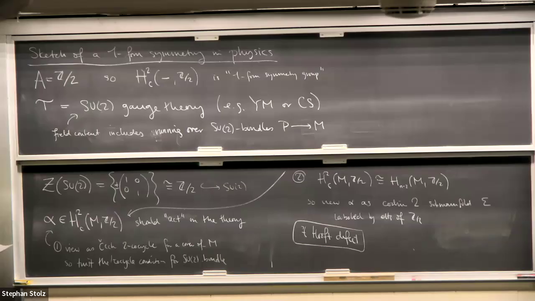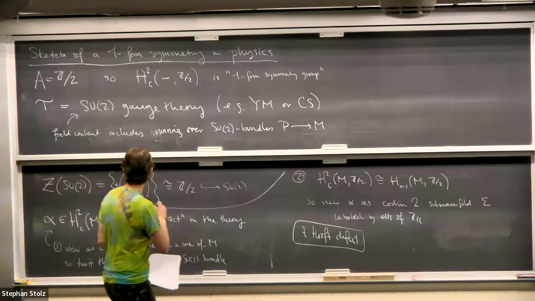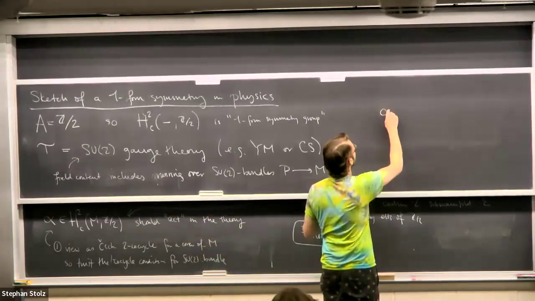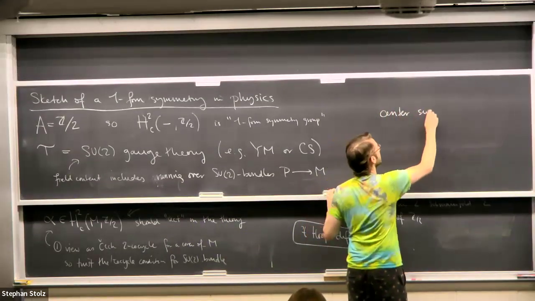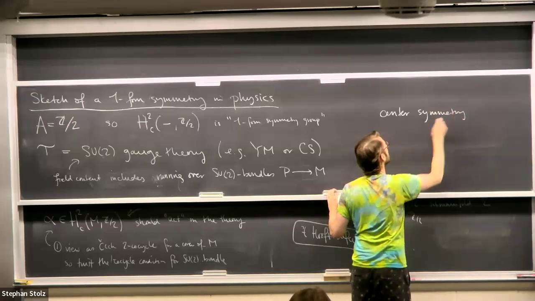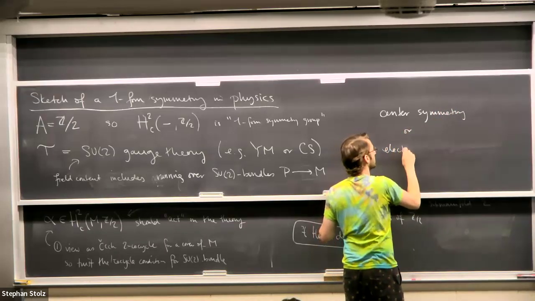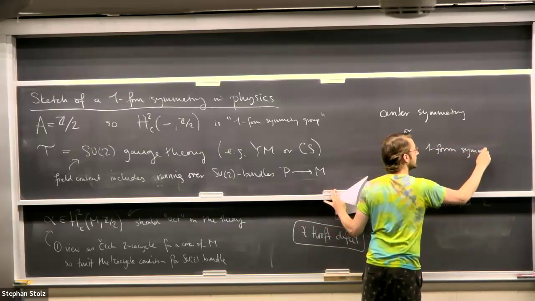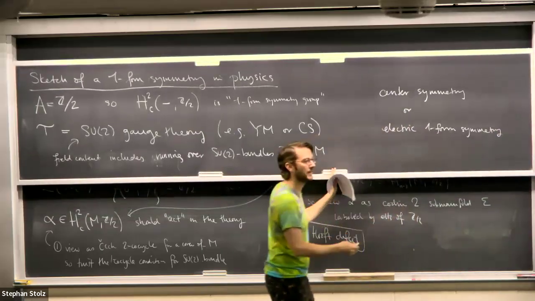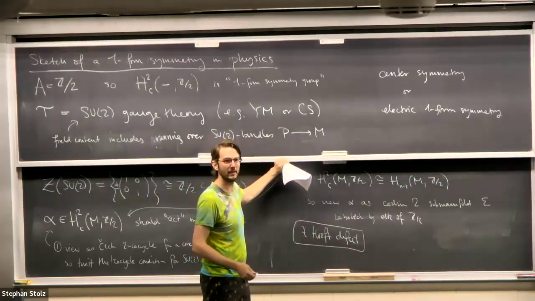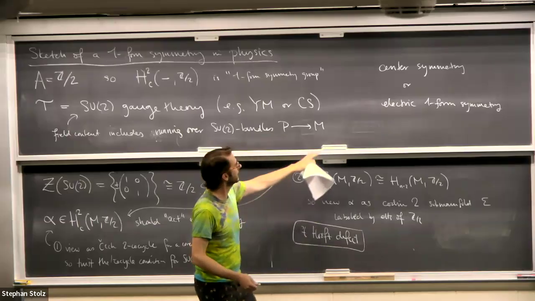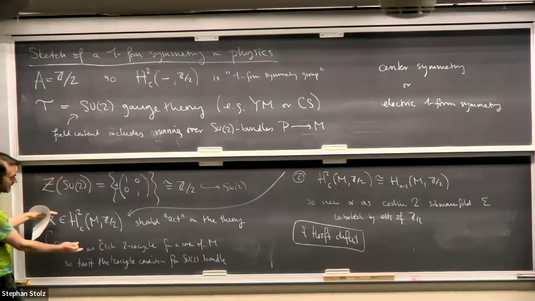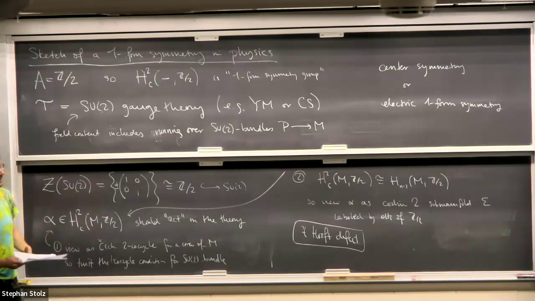I should also say this particular symmetry is called center symmetry, or sometimes an electric one-form symmetry. So there are lots of names because this idea was run into in many different ways. 't Hooft defect, electric one-form symmetry, center symmetry reflect some of these different pictures, like the Čech picture.